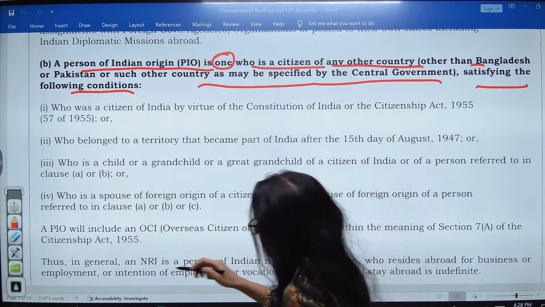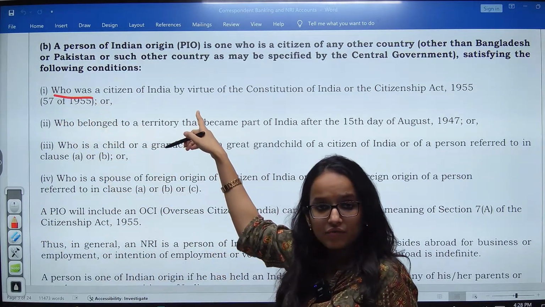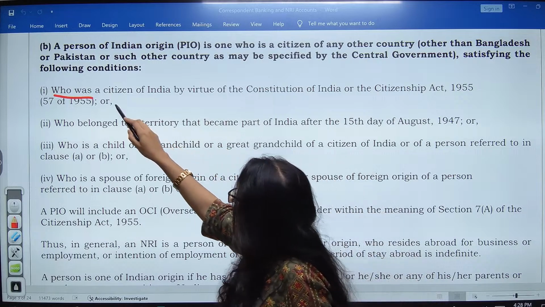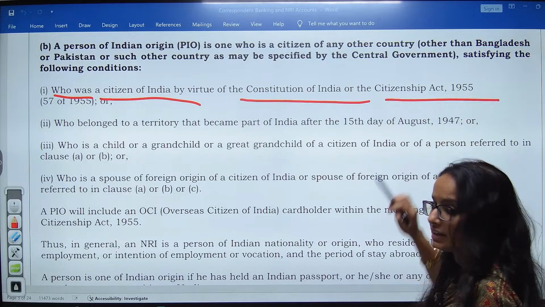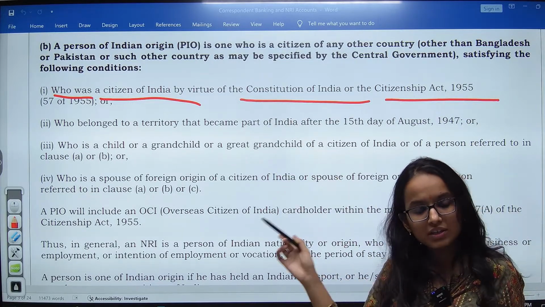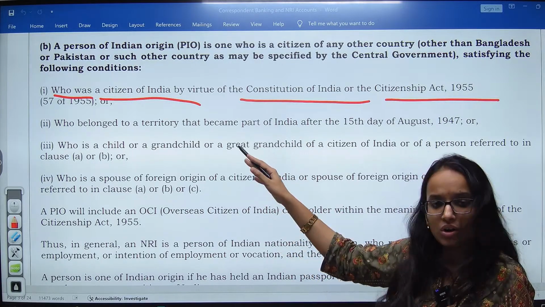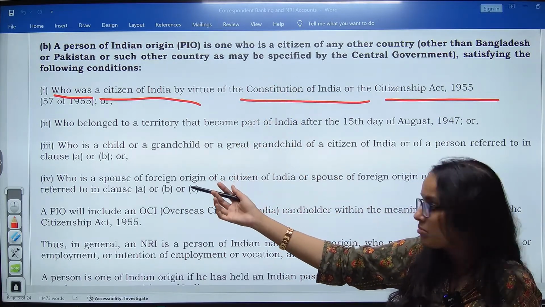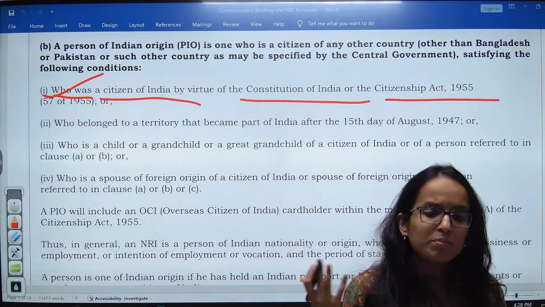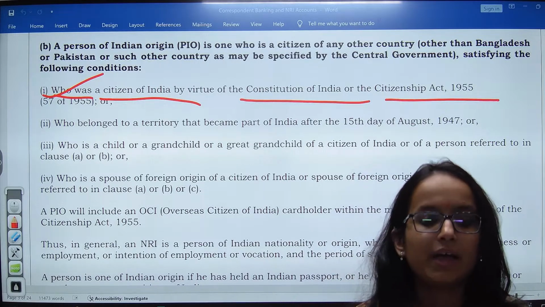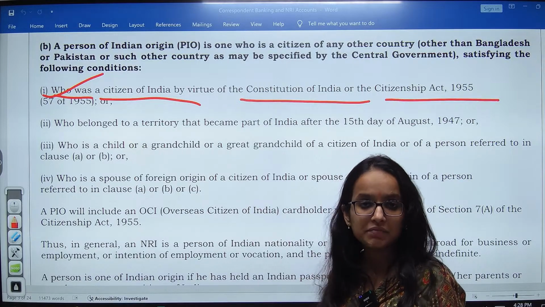Right? Now let's see. First criterion which that person needs to satisfy: who was a citizen of India by virtue of the Constitution or the Citizenship Act 1955, the same clause as mentioned in the Indian Income Tax Act 1961, which we have discussed right now. Yes or no? Same clause. The first clause in that section was also the same, that who was a citizen of India either by virtue of the Constitution of India or by virtue of the Indian Citizenship Act 1955 and Act number 57 specifically, right?